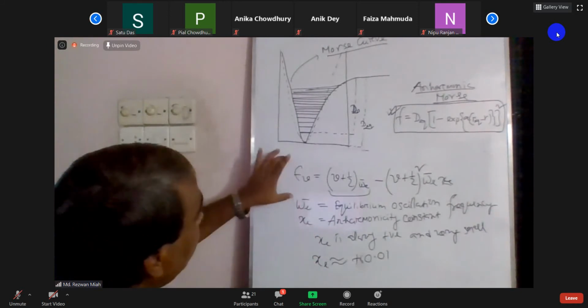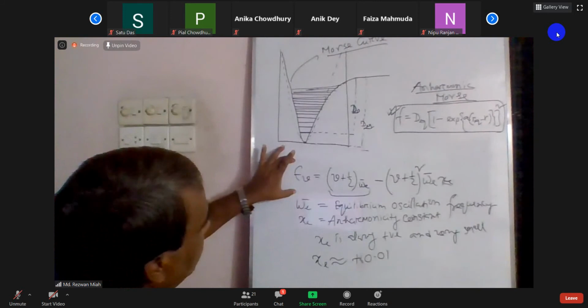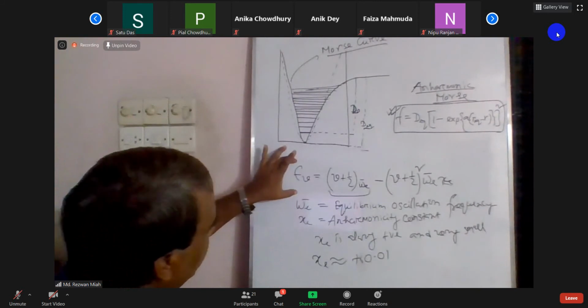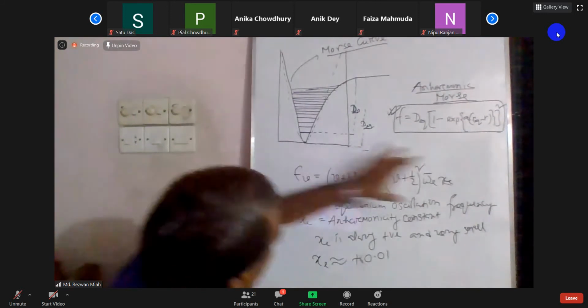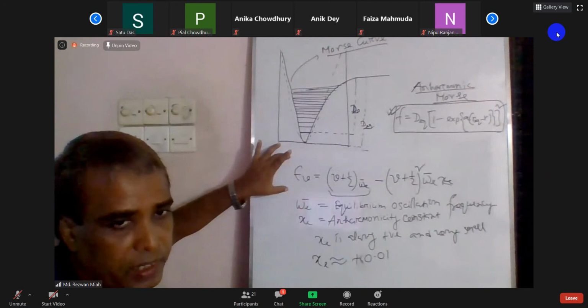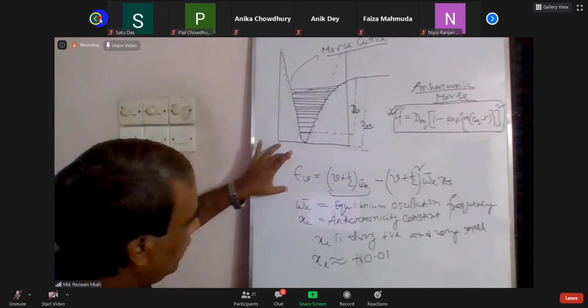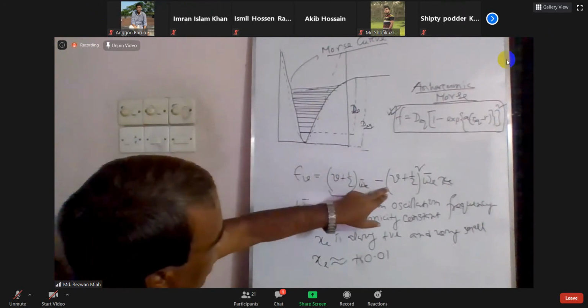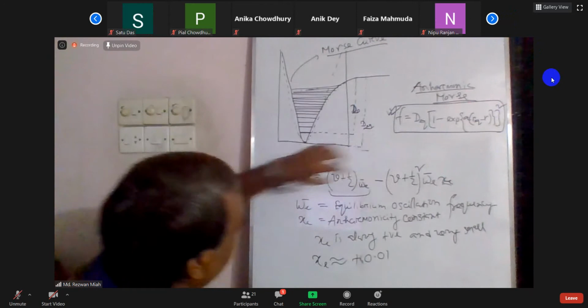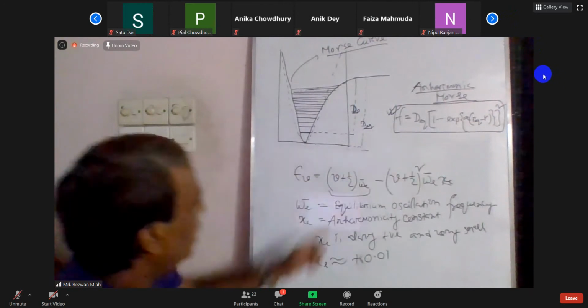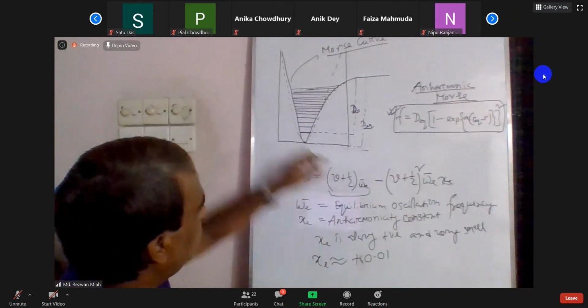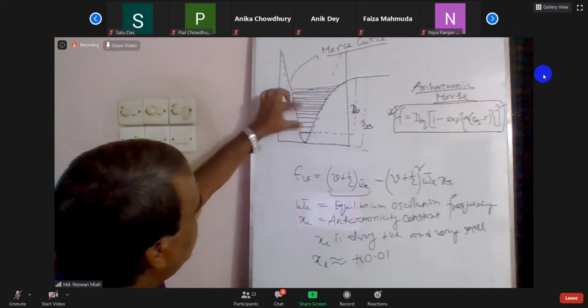So today you see, in the case of an anharmonic oscillator, we obtain the energy by this expression, which is slightly different from the harmonic case, because in the harmonic case we do not have a correction term, but here we have some correction term, and due to this correction the energy levels are not equally spaced.